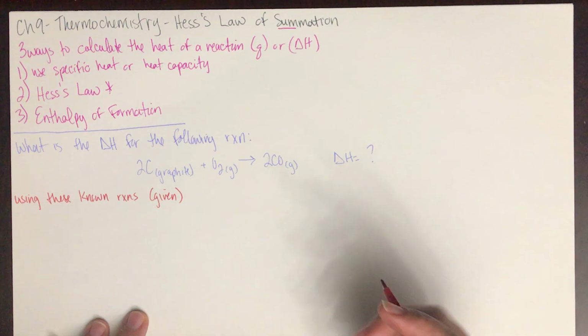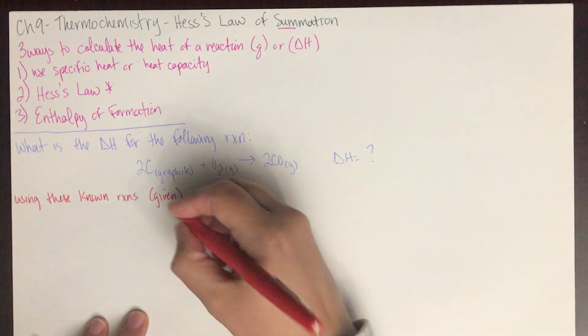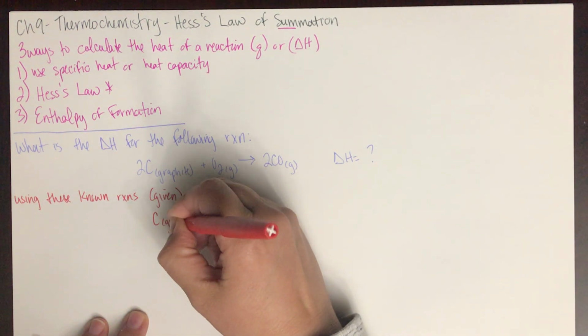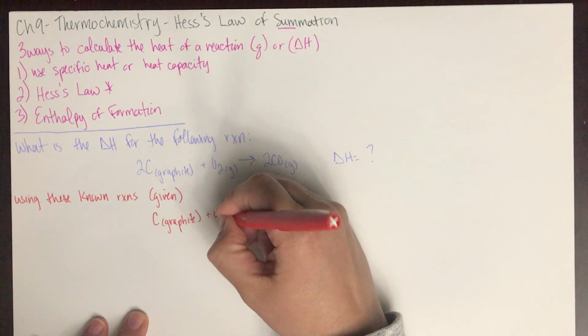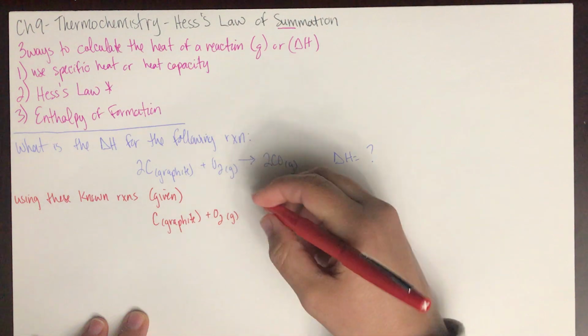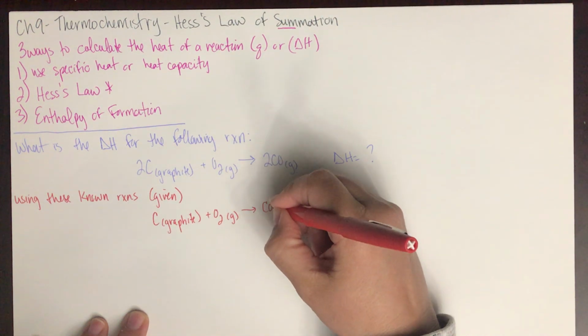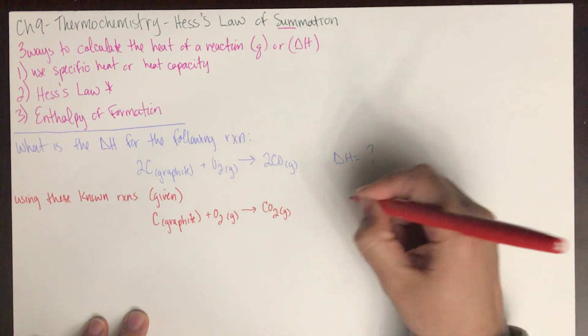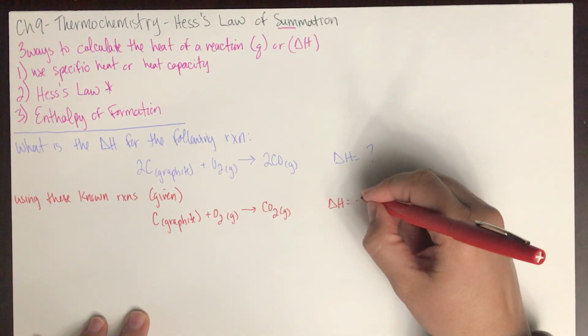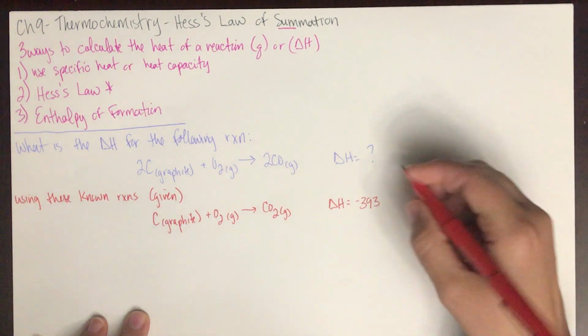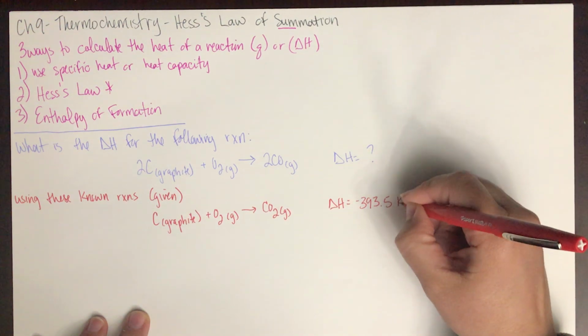You wouldn't be figuring this out. So here are some other reactions that are known. Carbon graphite plus oxygen gas produces carbon dioxide gas, and that has an enthalpy change of negative 393.5 kilojoules.